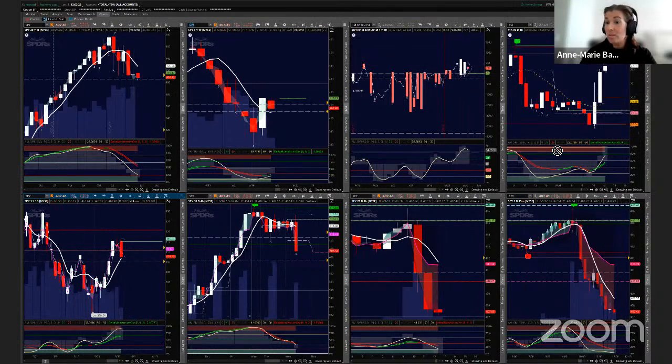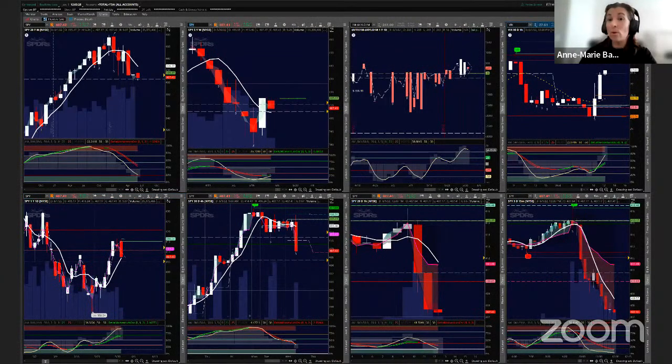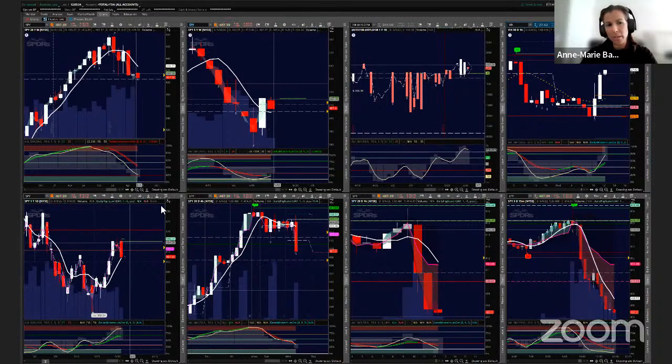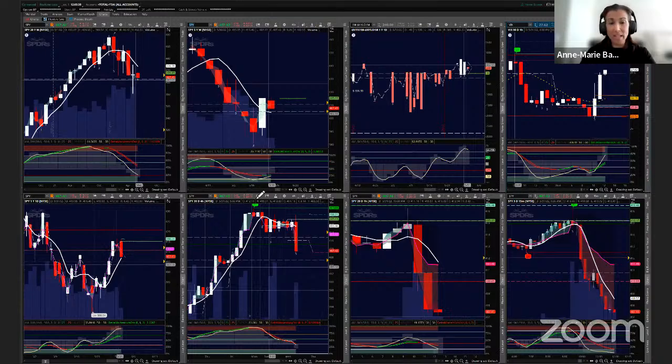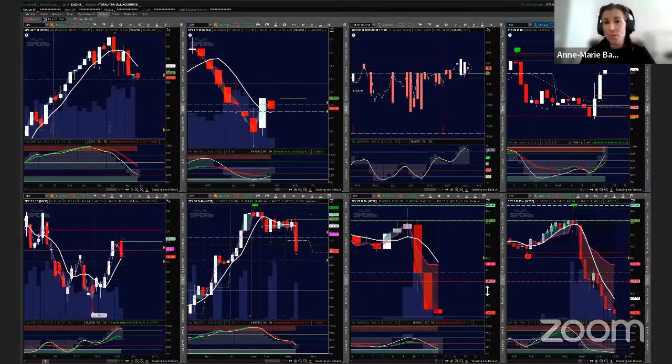And I would suggest that you do that also, that you look at what the monthly charts are telling you, what the weekly charts are telling you, and what the daily and 4-hour charts might be telling you, because they're going to help you determine what you want to do, particularly around the option space, which is where we are going to sit.